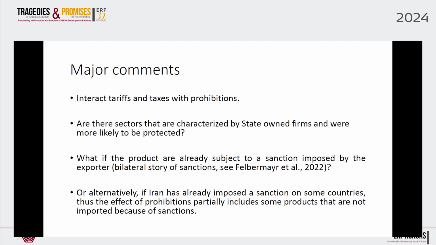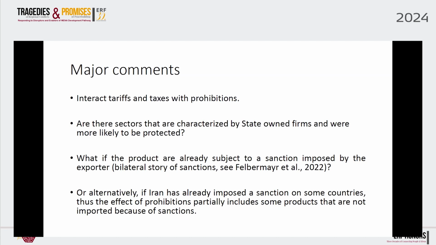These two policy channels, if I can call them this way, are not really explored. And then another extension, perhaps also, I was wondering to what extent we have some sectors that are characterized by state-owned firms. I'm not familiar with the Iranian economy, but if we have some state-owned firms, those politically connected firms, and this has been shown for other MENA countries, like the paper by Layla on Tunisia, that in some cases politically connected firms might be more protected, or might impose further prohibitions on those sectors because they are simply connected.